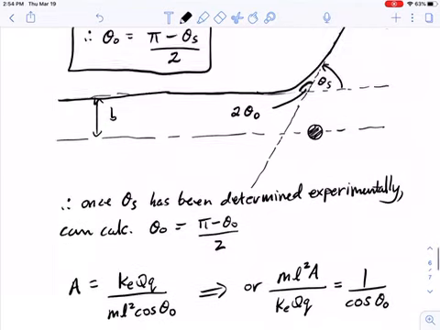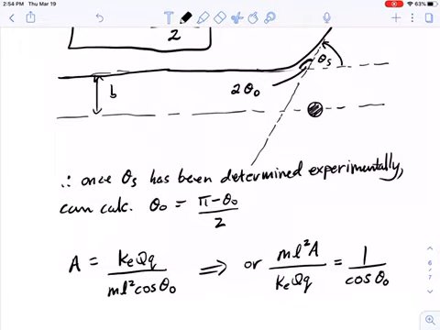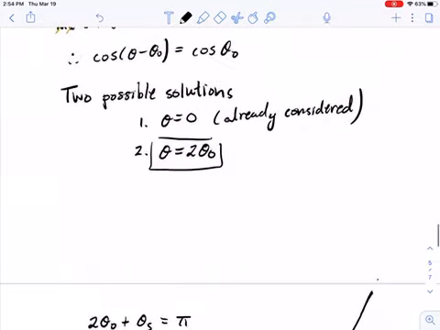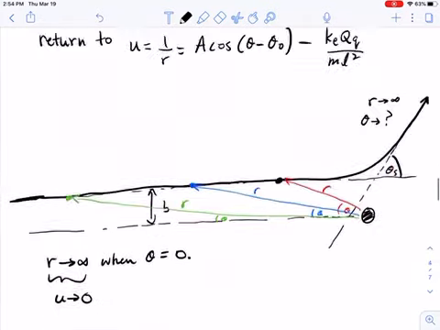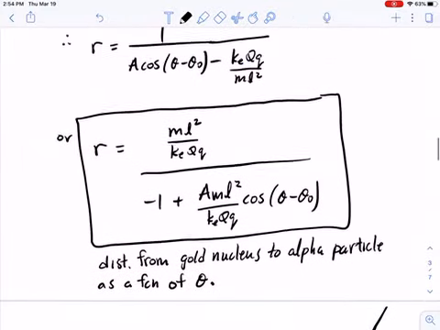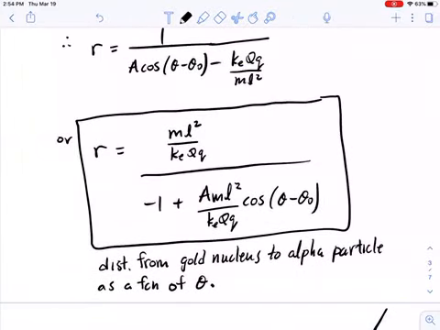So let's scroll back and remember this A m l squared over k q. Here was our solution for r, the distance between our alpha particle and the gold nucleus as a function of theta. And the quantity that we just calculated was A m l squared over k q. And we found out that that was 1 over cos of theta naught.